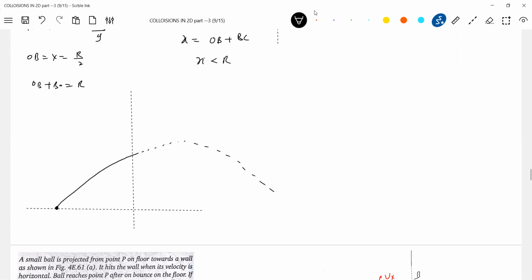You can see the diagram clearly. Here it will have u1x and u1y. Let it collide elastically. It's not a straight line, it's a curve.